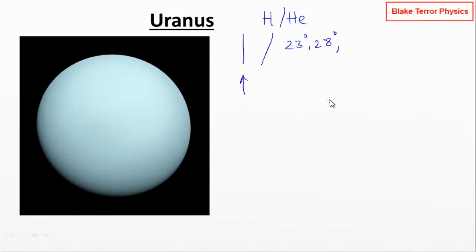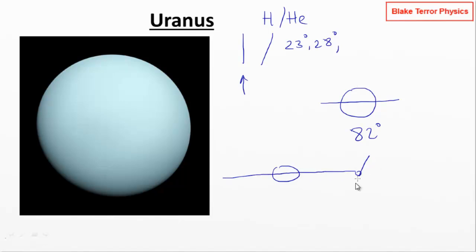It's like it's sideways. It's tilted at about 82 degrees. This is tilt from the plane of its orbit. So, we've got the Earth going around, there's the sun, there's the Earth. If that's the plane of the orbit, then Earth is tilted off at this angle of about 24 degrees.